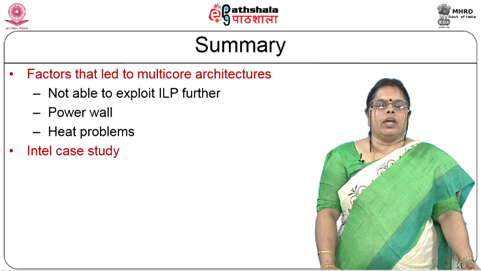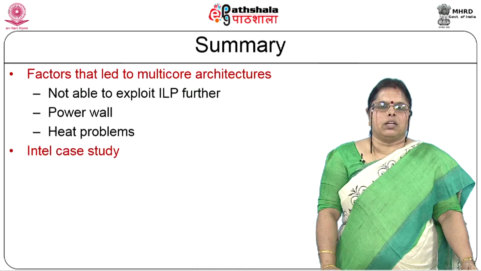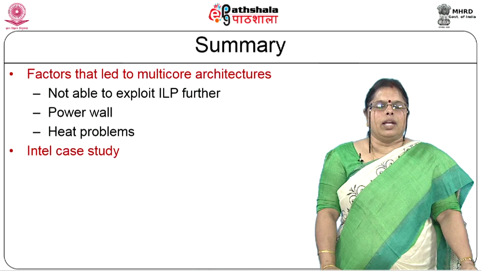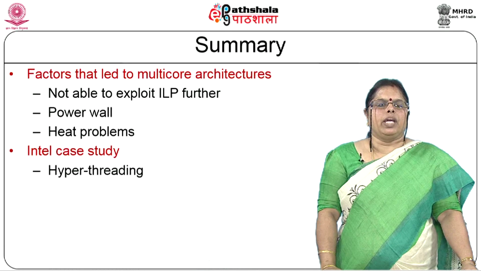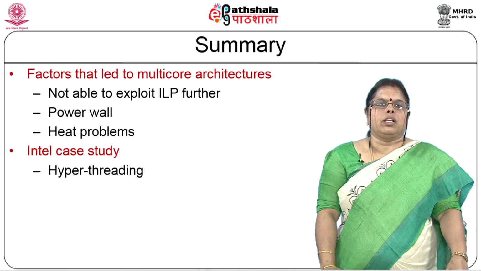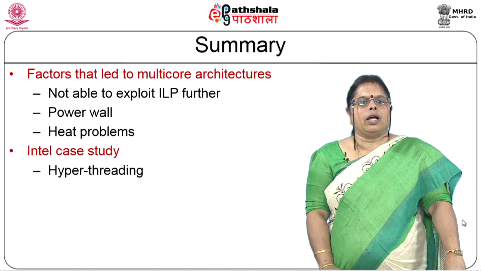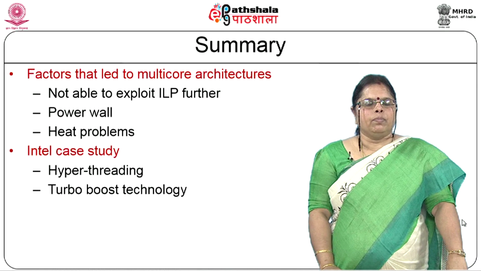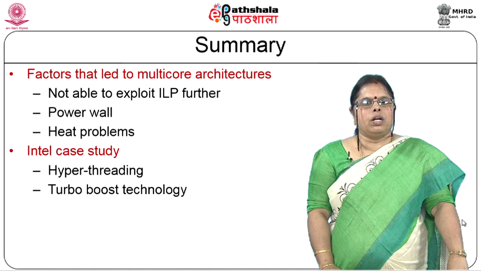To look at the various types of multi-core architectures that are available, we looked at Intel as a case study. The various features that we looked at in the Intel case study with i7 as the example architecture are hyperthreading, where you have multiple logical threads per core.